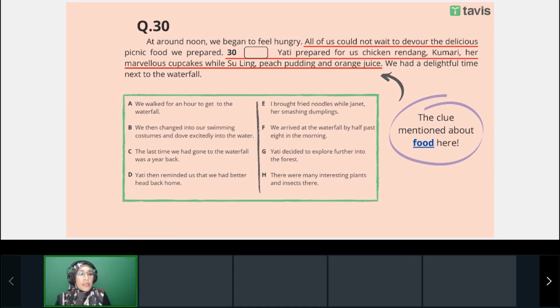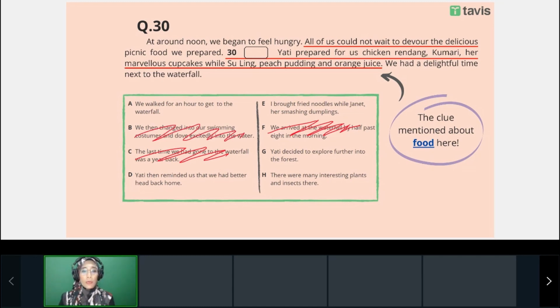Okay, so question 30. At around noon, we began to feel hungry. All of us could not wait to devour the delicious food we prepared. So you can see from here, right? The clue says about food. So where can we find about food here? Okay, sorry. Let me just scrape this off. Okay, remove this. And then this one too.